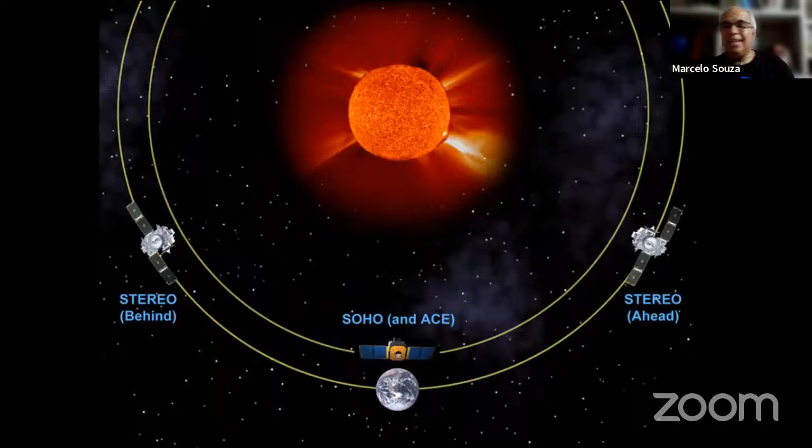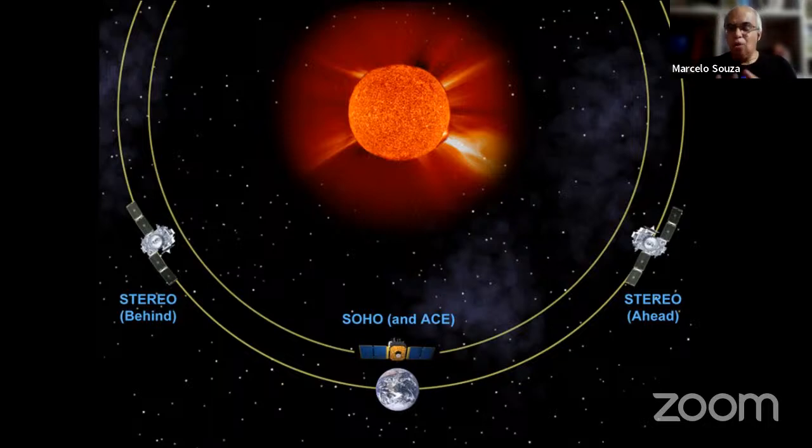We have other solar space telescopes, STEREO, which consists of 2 different space telescopes. One is located almost in the Earth's orbit but behind the Earth, and the other ahead of the Earth, taking images of the Sun.